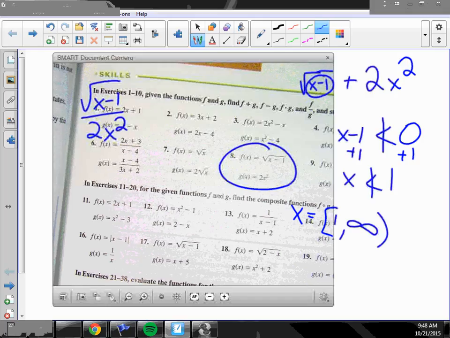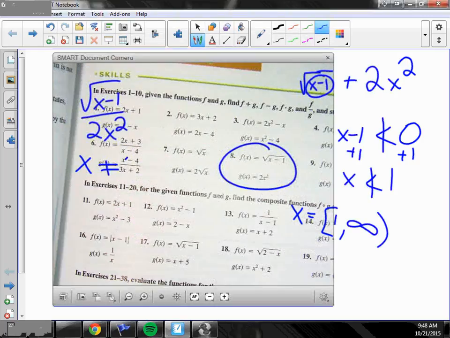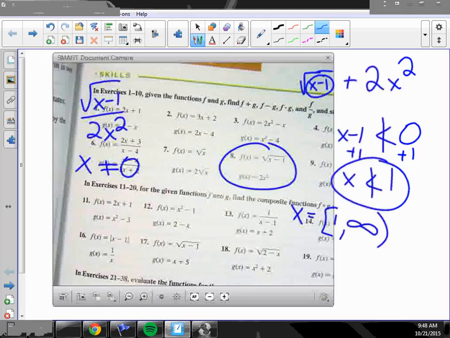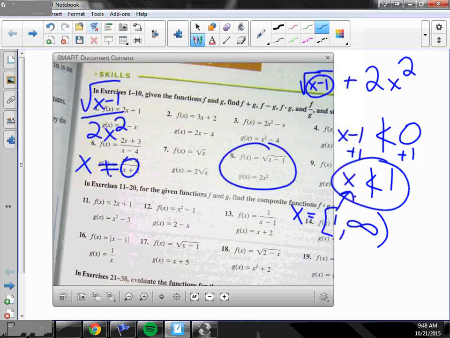Well, x is not allowed to be 0, because if x is 0, then the denominator is 0, and you get undefined. Okay? And x is not allowed to be less than 1. Now, it just so happens that x equals 0 also fits in with that, because 0 is less than 1. So we already knew this wouldn't work.